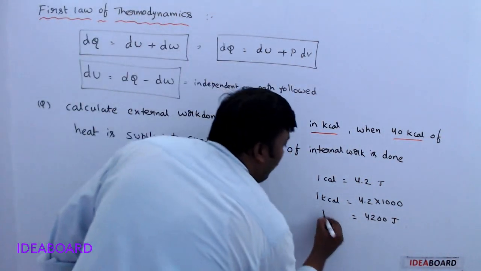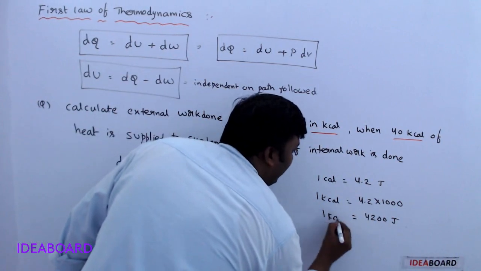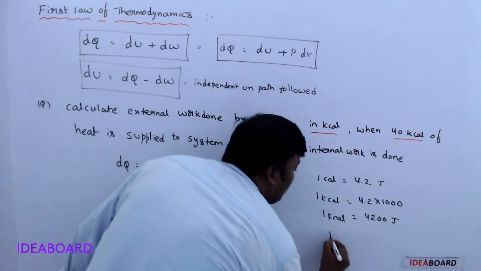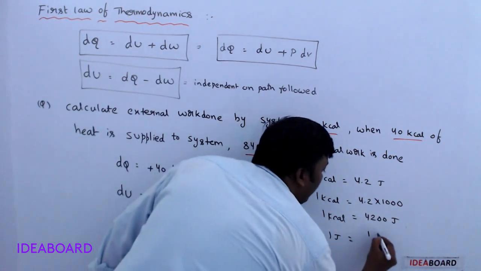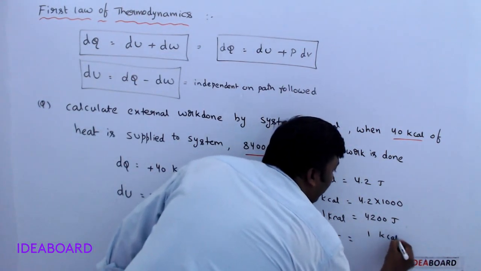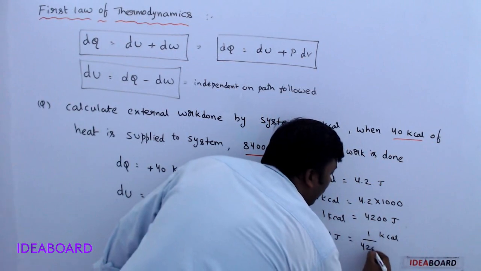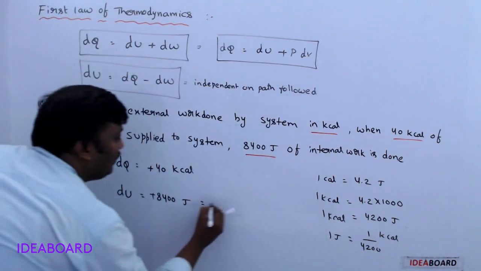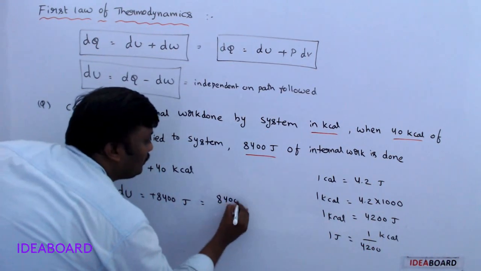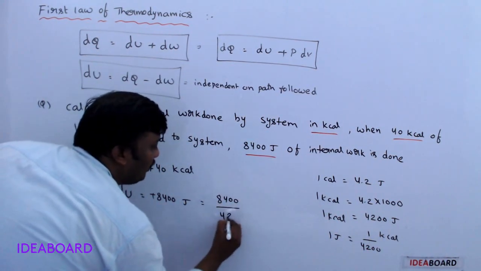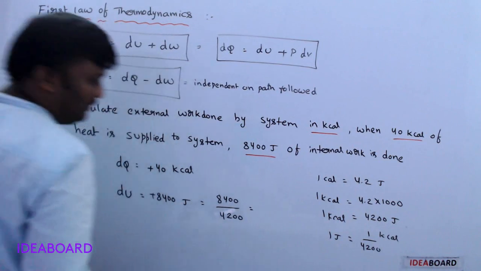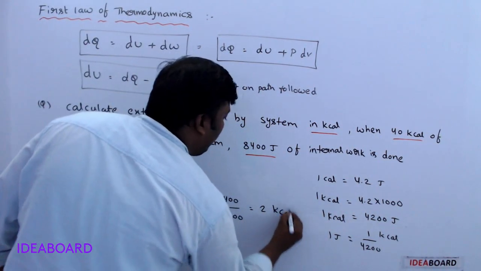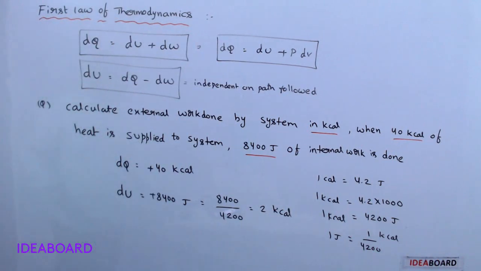So what is the value of 1 kilocalorie? 1 kilocalorie is 4200 joule. So 1 joule is equal to 1 by 4200 kilocalorie. Now substitute those values here. That is equal to 8400 by 4200. 2 zeros are cancelled. Then we got 2 kilocalories.